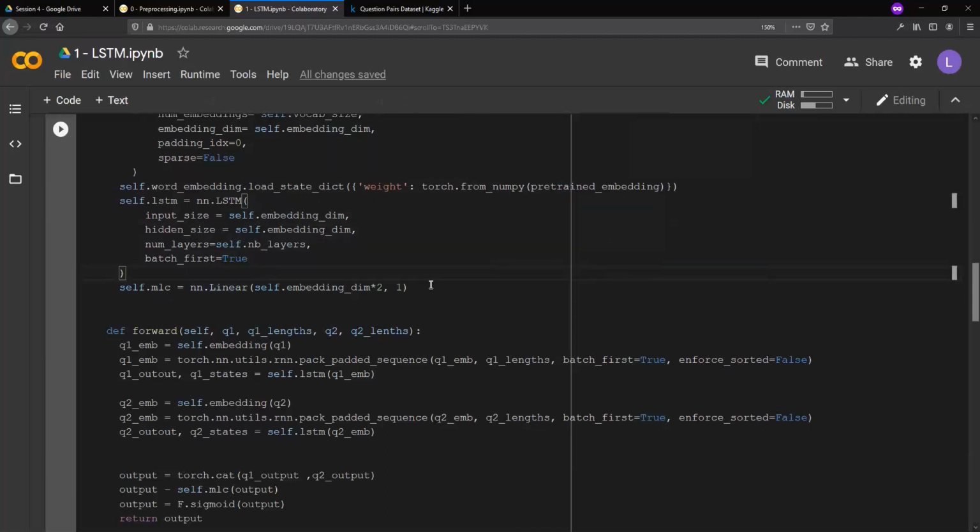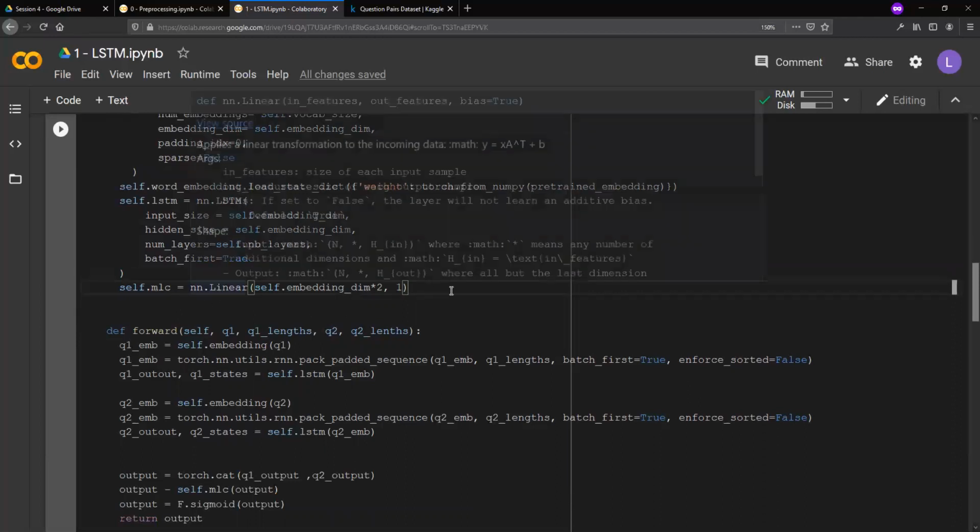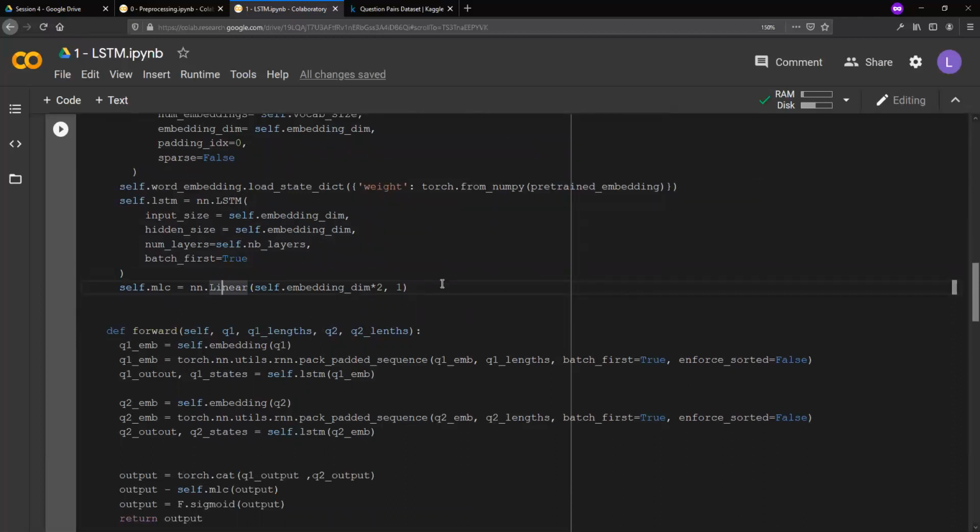And then we have the multi-layer classification layer, which is just a fully connected hidden layer with the input size being the embedding dimension times 2.